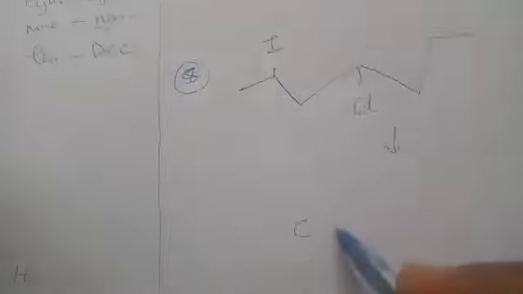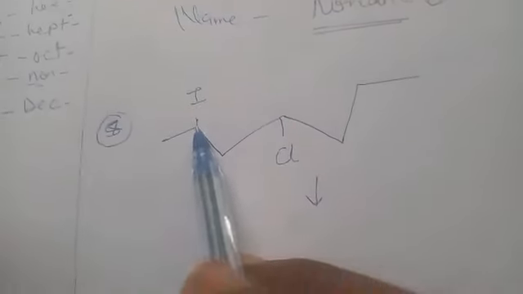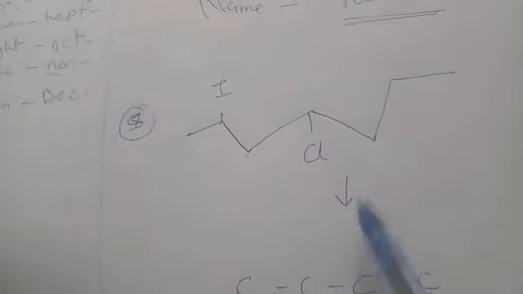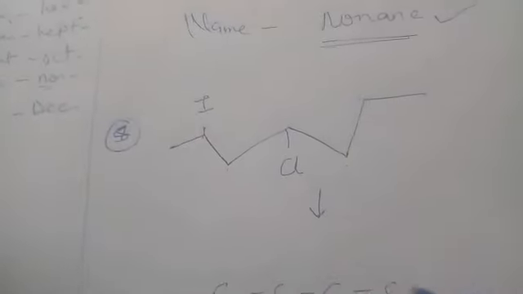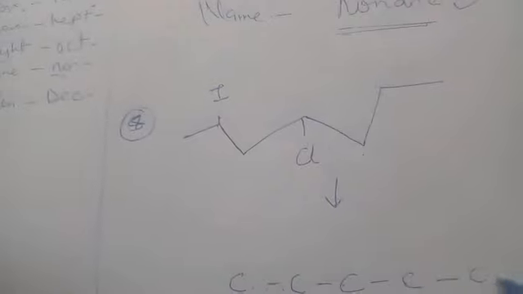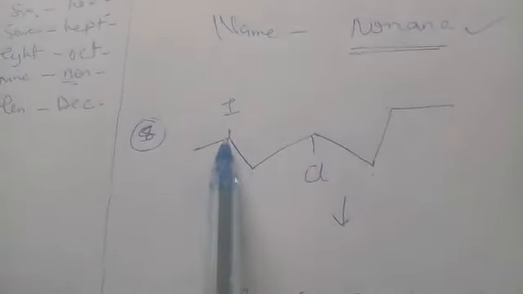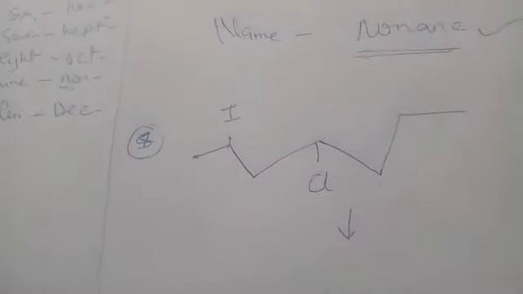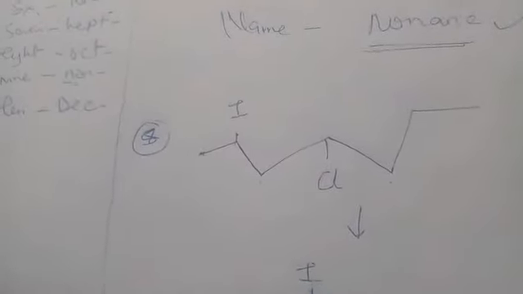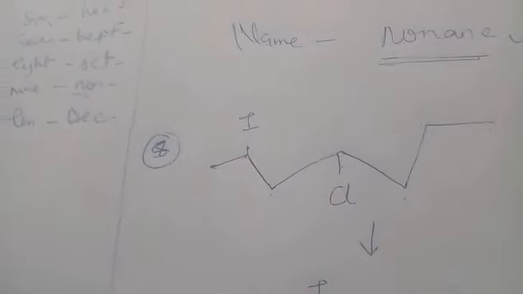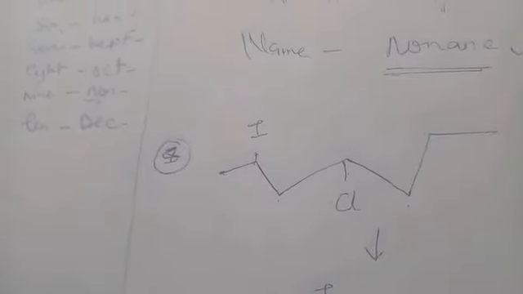C. I have 1 here, 2 here, 3 here, 4 here, 5 here, 6, 7. And the iodine is on the second carbon, 1, 2, so you can put it here. This one is on the 4th carbon, so you can put it here. You can add our hydrogens.